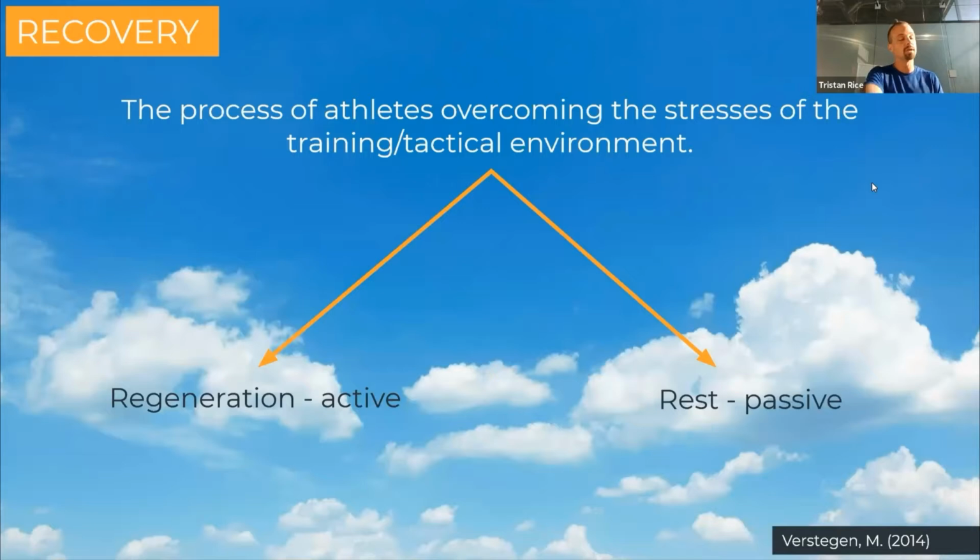And generally, historically, what we've done is we've organized these into active categories and passive categories of strategies that we can employ, where we think about each of these things as different types of activities or strategies that we can use to help athletes come out.